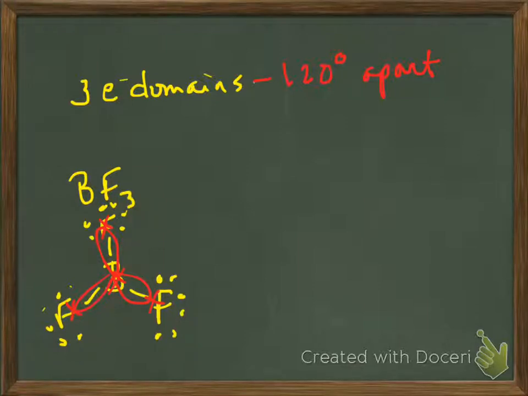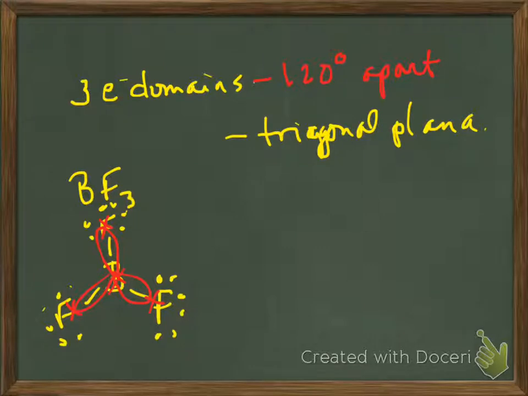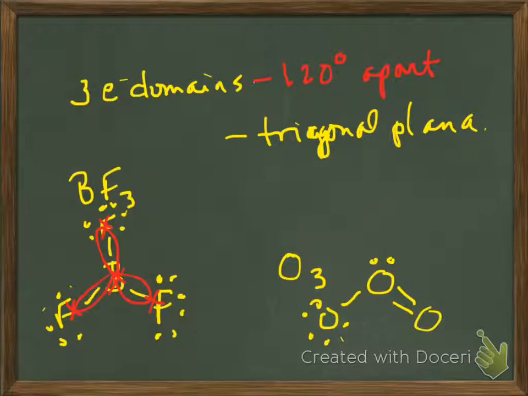If I have three electron domains with three things attached, this would be trigonal planar. Oh geez, I can't spell. Trigonal planar. If I have something like ozone, ozone has a double bond and a single bond, and again it's got the three electron domains.